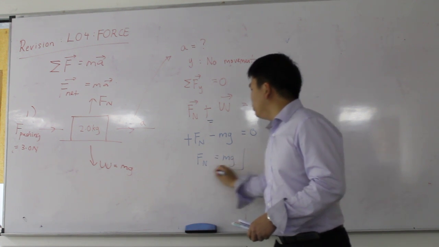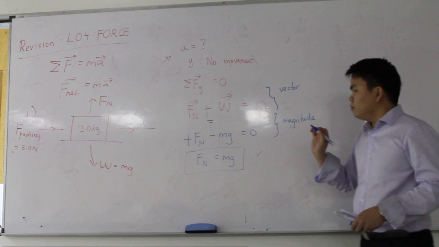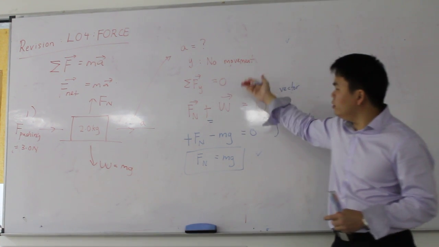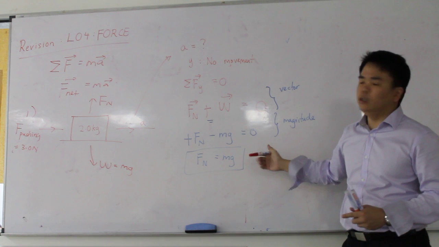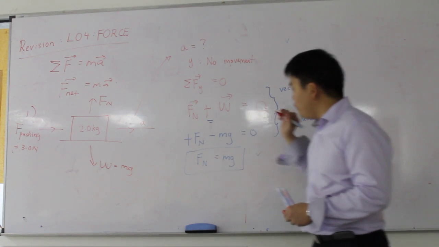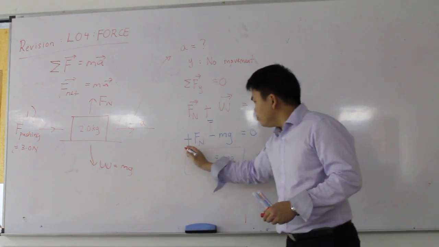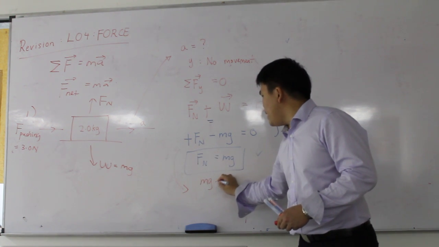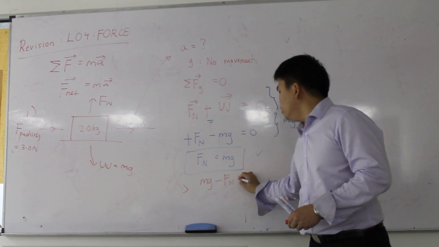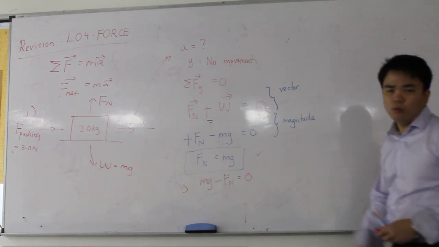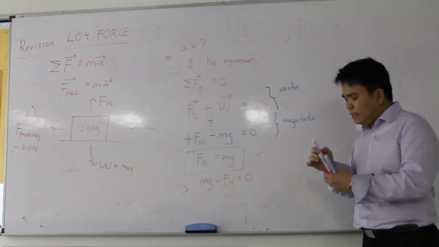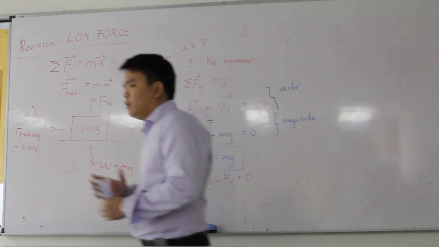This is something you learned in SPM last time. But right now, I tell you how to get this equation. And basically, if you really observe, I can also put it as mg minus Fn is equal to 0. And more or less it's just the same. Basically, it's because of what kind of reference we use.